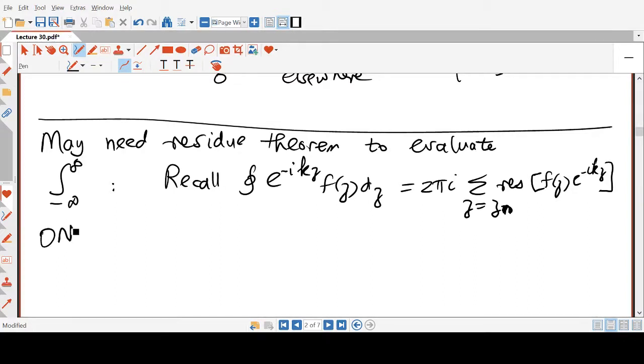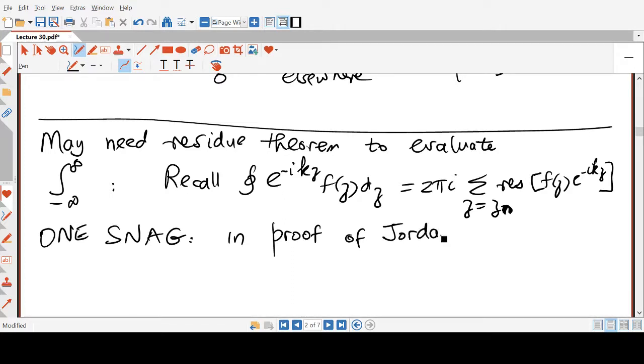One snag in the proof of Jordan's lemma, which I referred to yesterday. I didn't prove it, but I said that we require what is called Jordan's lemma.